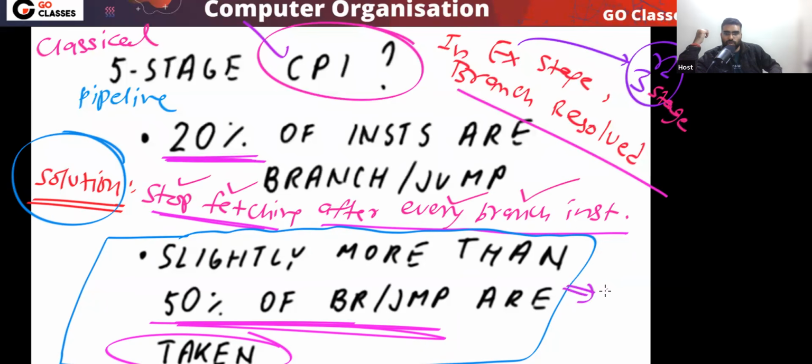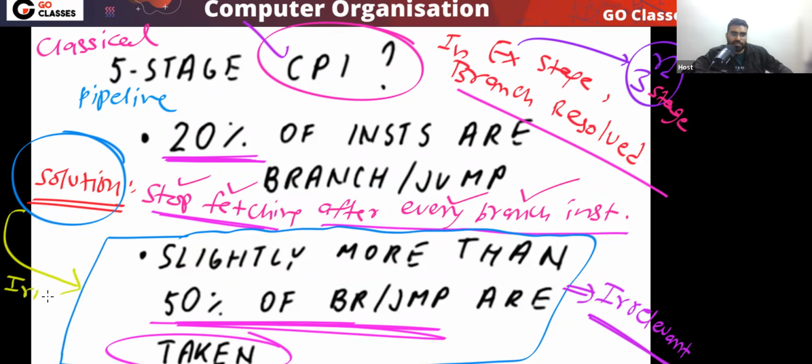This information is useless, irrelevant. अरे क्वेश्चन में कोई इंफॉर्मेशन दिया तो इसका मतलब ये नहीं है कि उसको यूज करना है. This information is irrelevant because this is your solution. For this solution, this information is irrelevant.